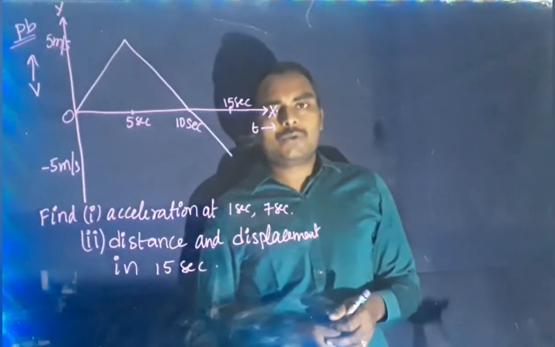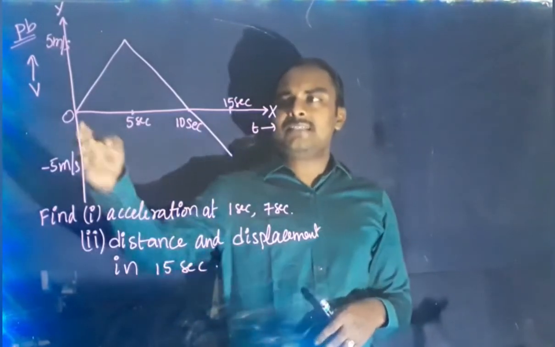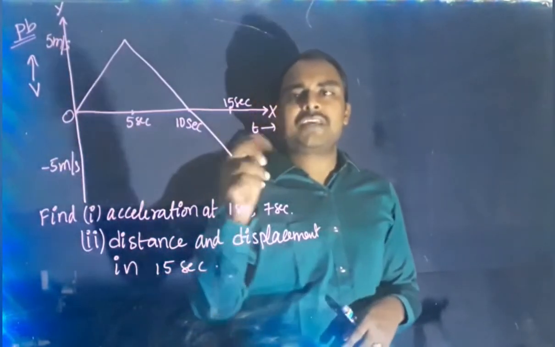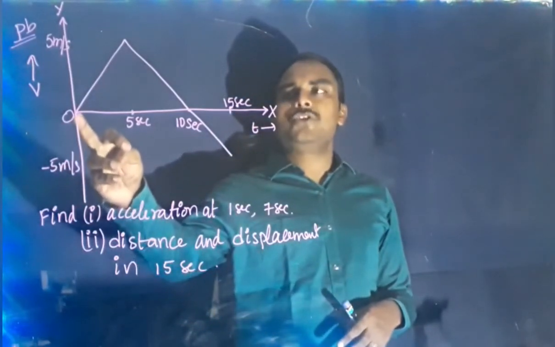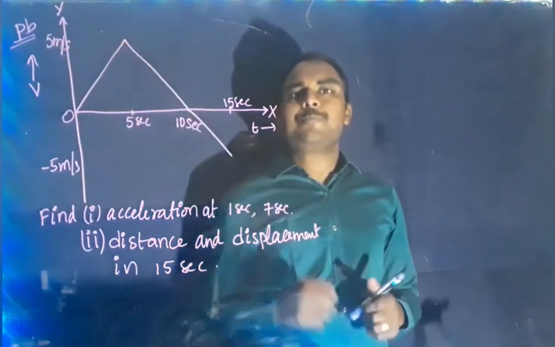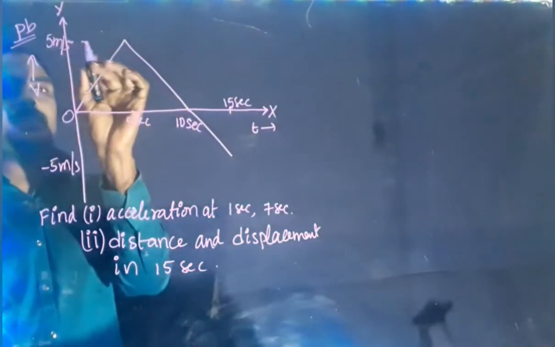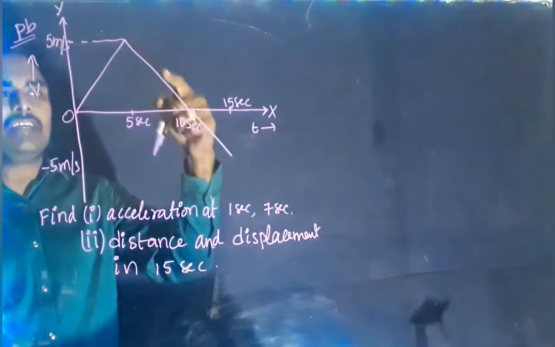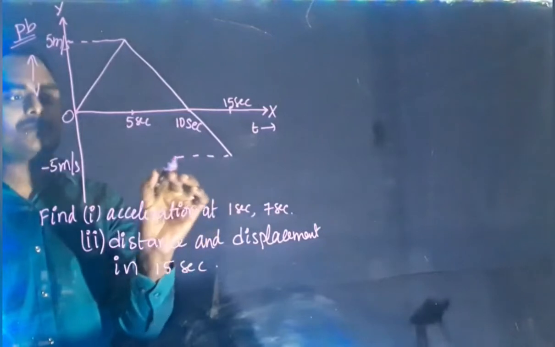Next, let us do a problem based on a velocity time graph. Velocity is taken on the y-axis, time on the x-axis. Initially velocity increases from 0 to 5 meter per second, then it decreases to 0, and again it increases to minus 5 meter per second.